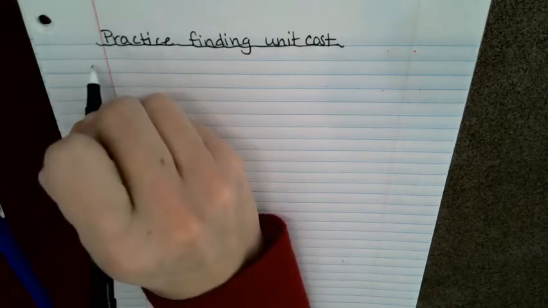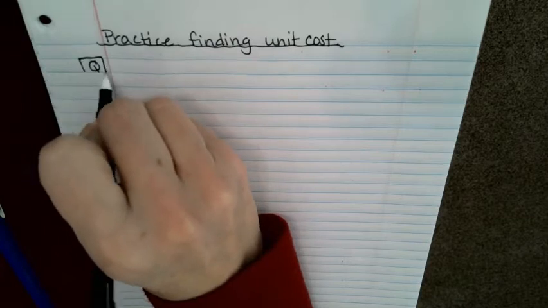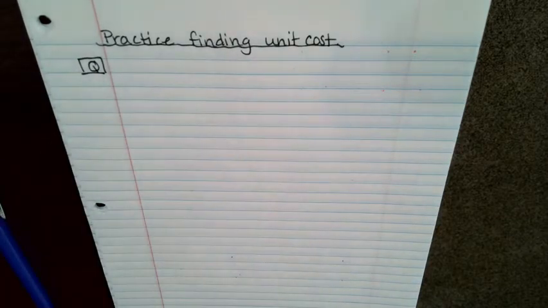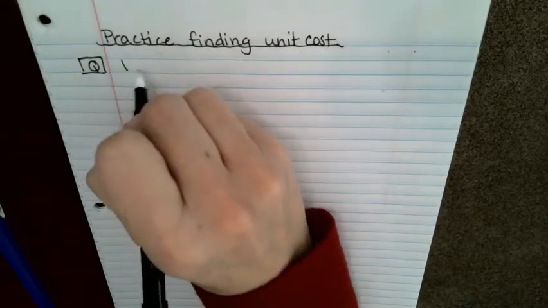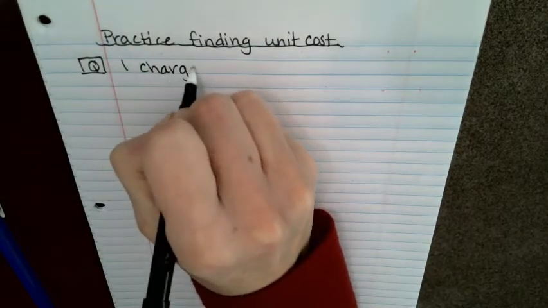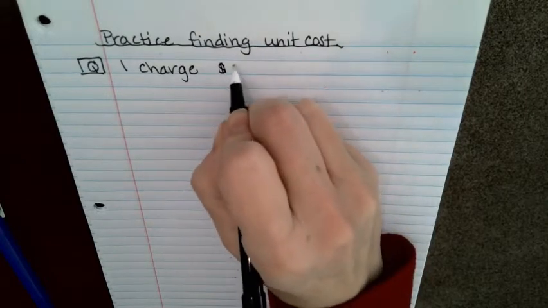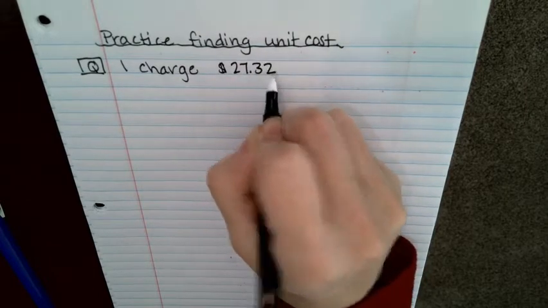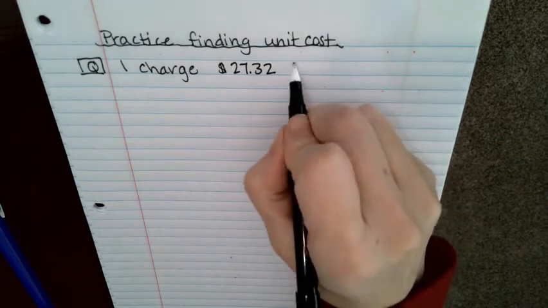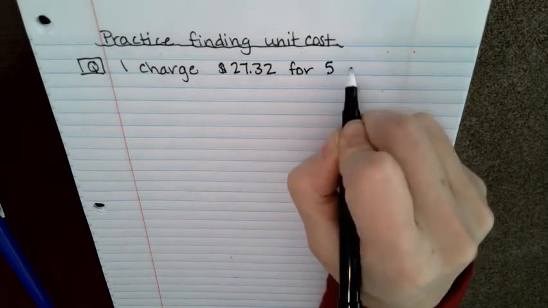So here's our question. And again, I'm going to show you both ways this time with a table and a proportion, and then I'm going to move towards just the proportion, okay? So I charge $27.32 for 5 cupcakes.